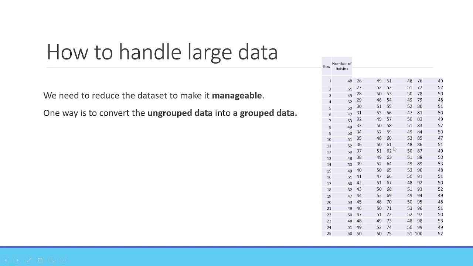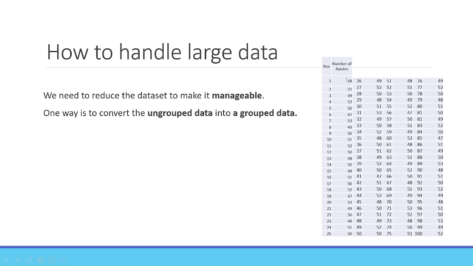Now we need to group this data somehow so that it becomes manageable and we can interpret it. If we are given this data set, what interpretation can we have from this data? We need to do something to get meaning from this data.